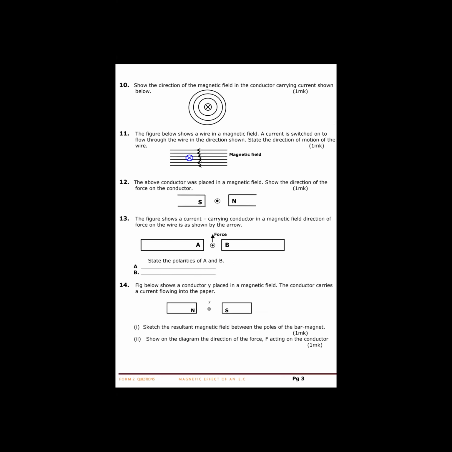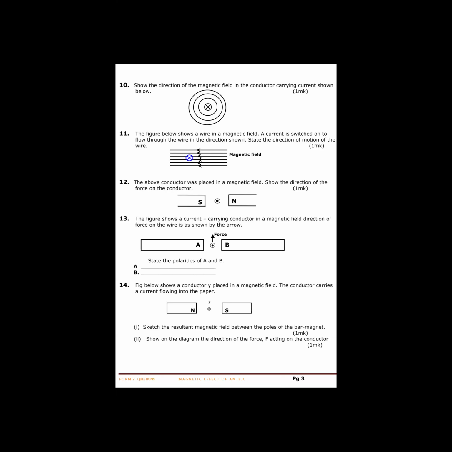Even this number 14 has given us the current. Current is flowing into the paper. Remember in the previous questions, we were given that this is current upwards or current out, or current down.